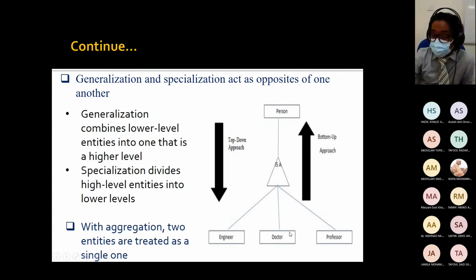Those entities, engineer, doctor, and professor, right? Those added elements are the low level entities. We treat them as entities, but they are low level because they are under the hood of the high level, which is the person entity.